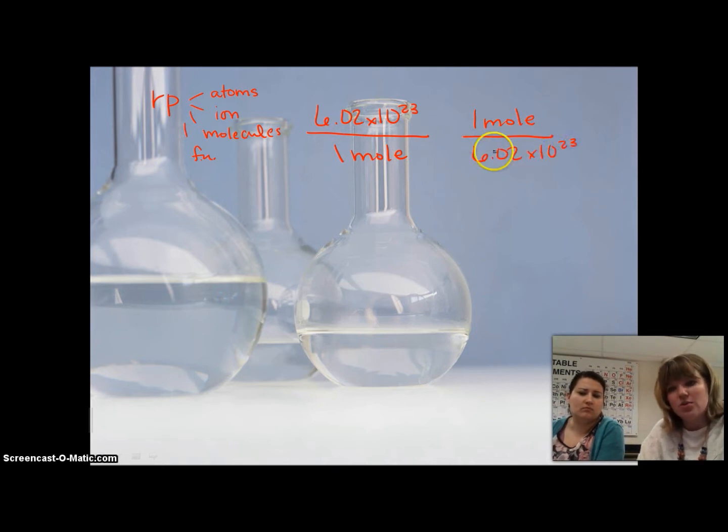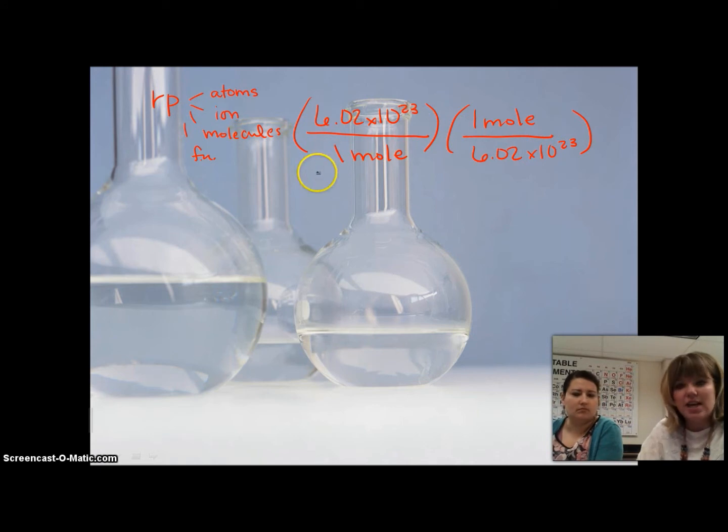Okay? So this is not changing. You're going to really have to read the problem now and see if it's asking for representative particles like molecules, atoms, formula units, or ions, or if it's asking for mass, because there's conversion factors for both. So now on top of these two conversion factors, or this one that we can flip, we're going to add the ones for mass.